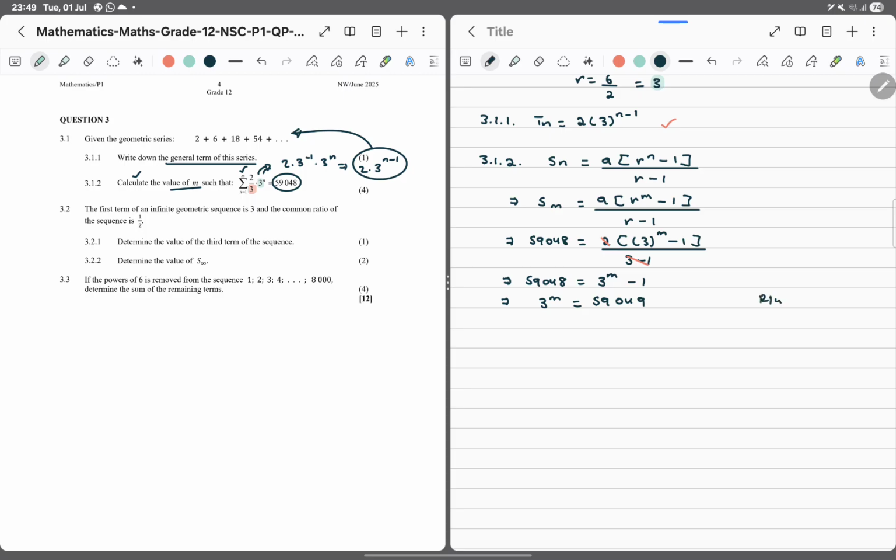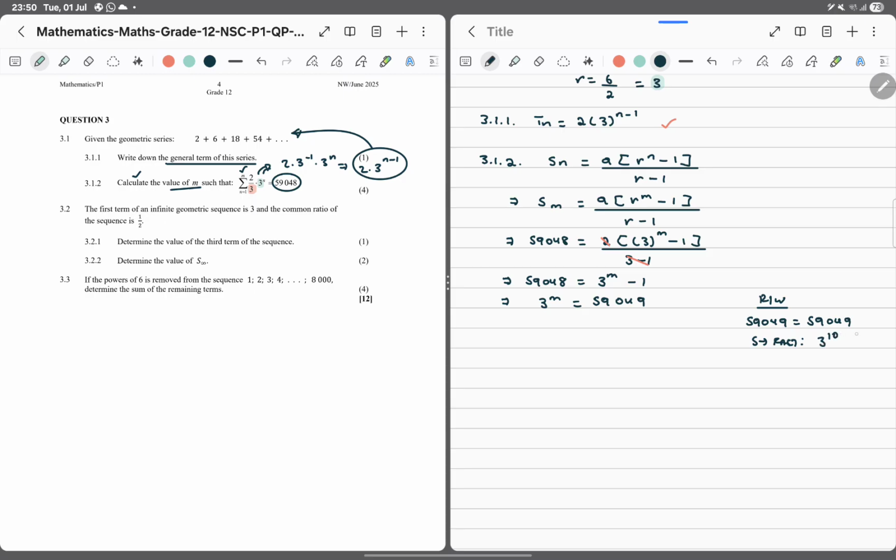Now we go to our W, say 59049 equals 59049. We shift and fact. Let's see what the calculator says. 59049 shift fact.